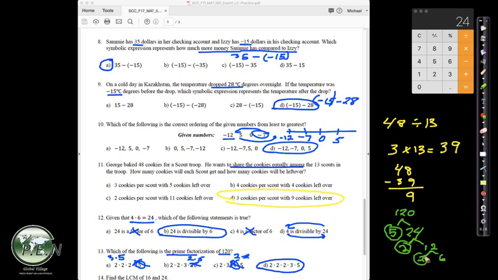That's prime. And then 6 is going to be 2 and 3. So there's all our primes. 3 2s, a 3, and a 5. That's that one right there.